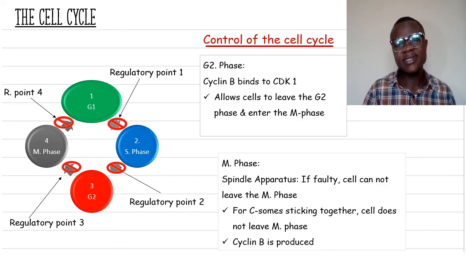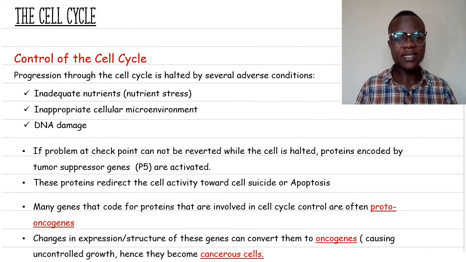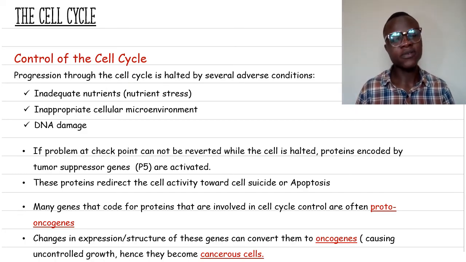Next, in addition to the restrictions we just listed, the cell cycle can also be affected by other external factors, like insufficient nutrients for cells to go on and reproduce.